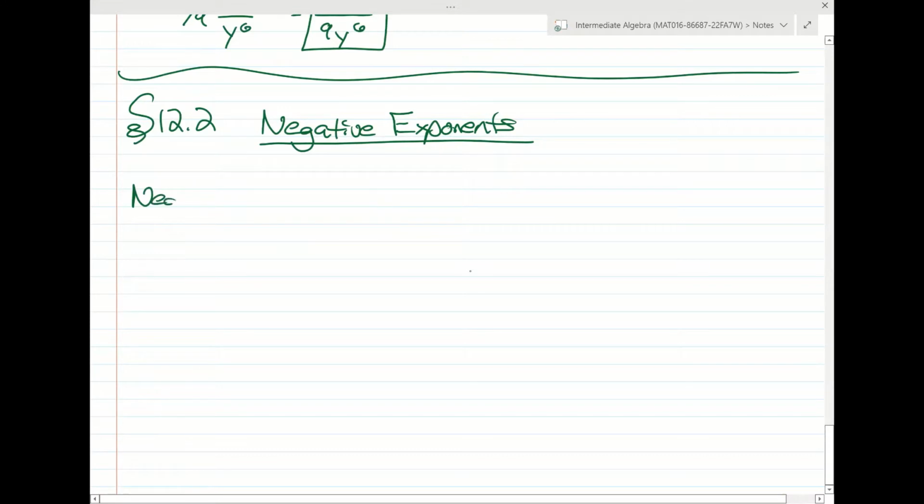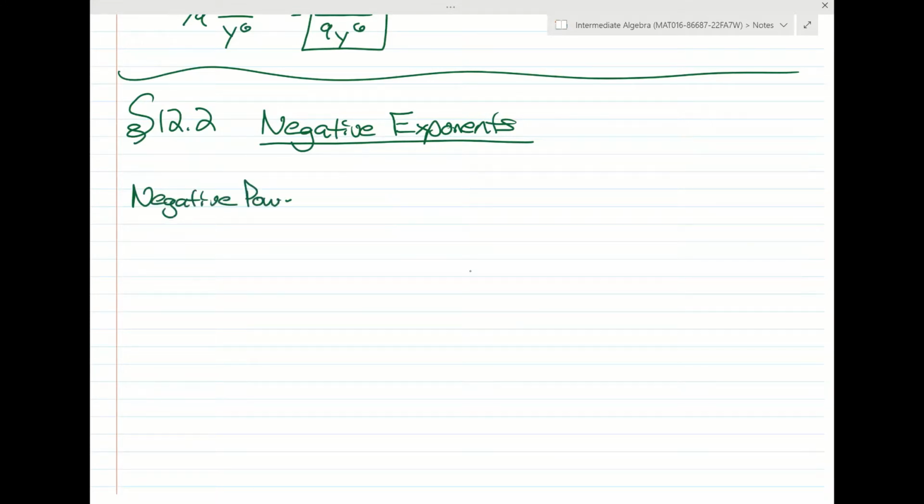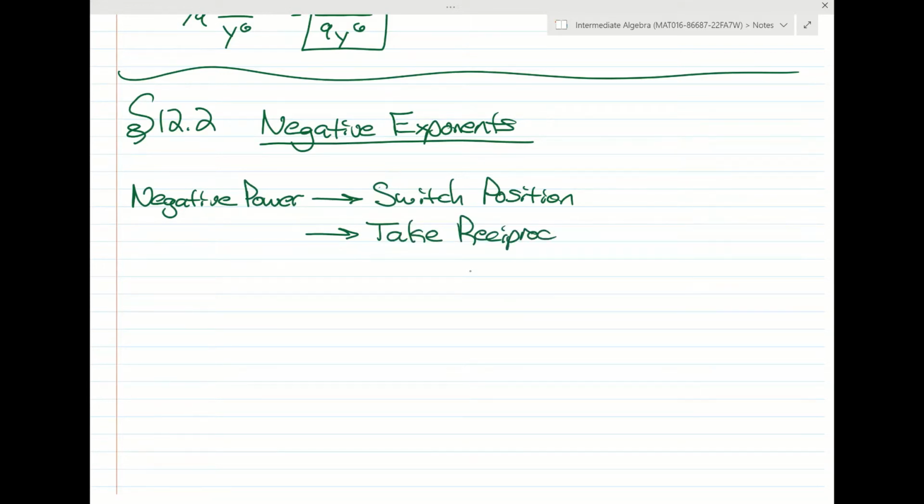So if there's a negative power, what that means is we switch the position, or take the reciprocal. So a to the negative n means 1 over a to the n.